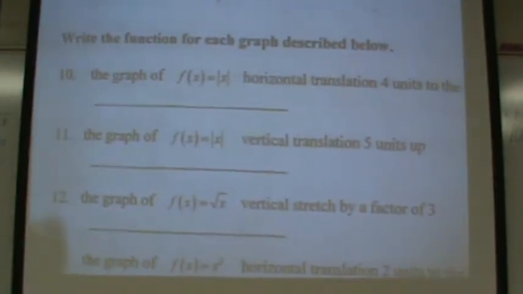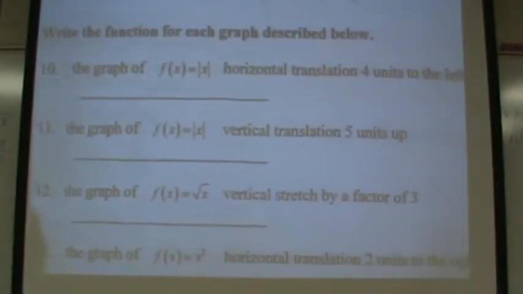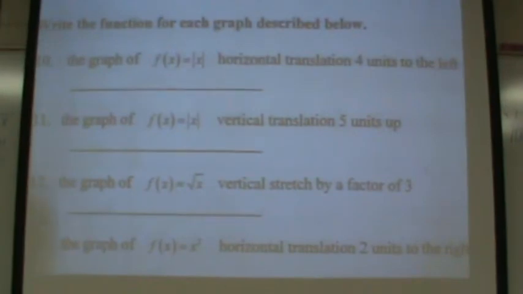Number 10. Now we're going to give you a parent function and tell you to do something to it. Can you produce the equation that goes with it? Now think, if it's horizontal, it's gotta go inside, and it's opposite of whatever it is. If it's vertical, it's outside, and it's exactly what it is. So, number 10.